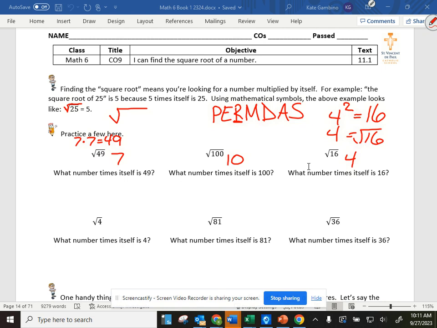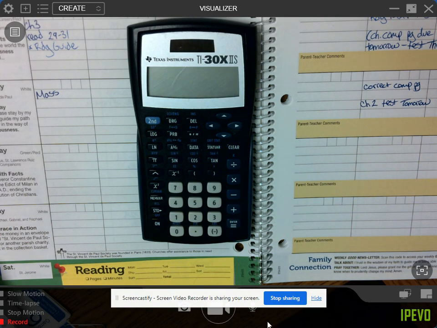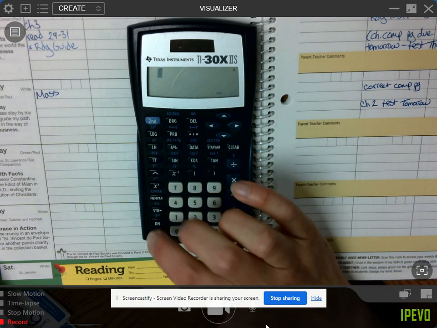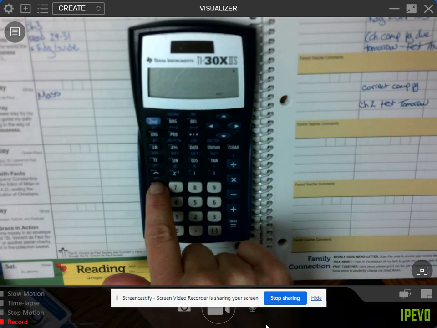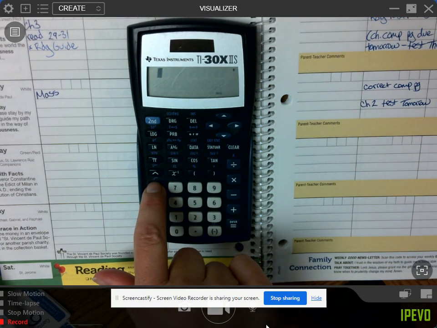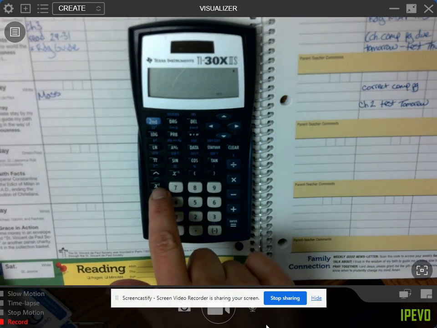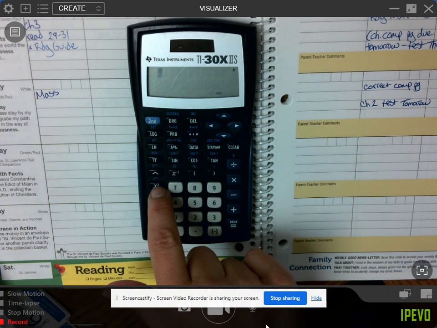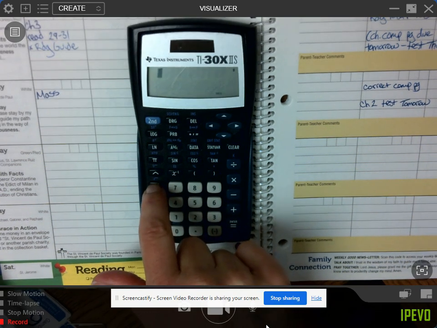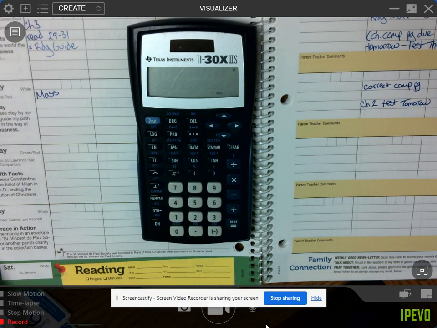Sometimes we're not going to know off the top of our head what the square root is. If I said the square root of 121, you might not know it right away. So we can use our calculator to find the square root, just like we use it for exponents. Right above the x squared button, the x to the second power, is the square root symbol, because remember, they are opposites.